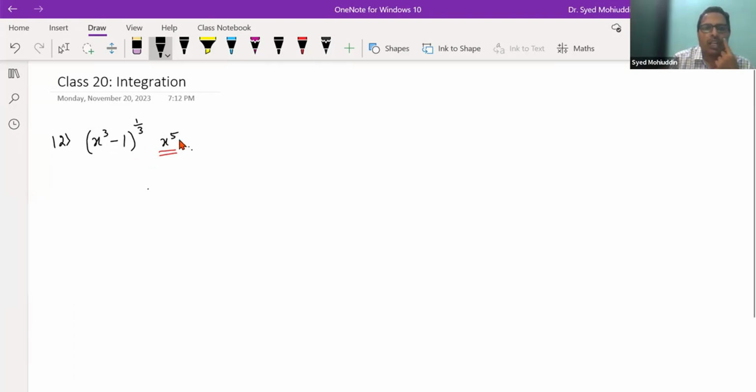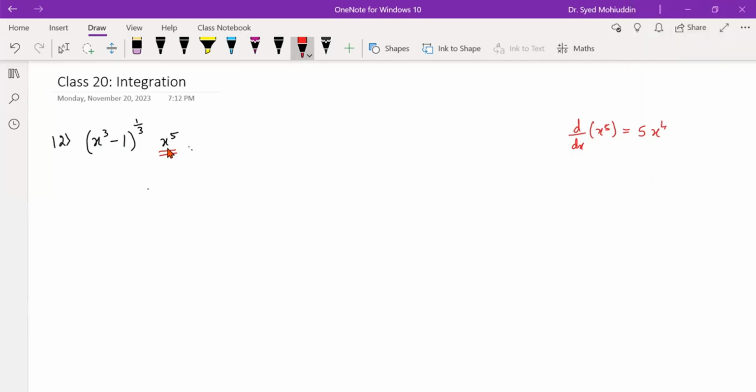Suppose I take x power of 5 and differentiate it, d by dx of x power of 5 gives 5x power of 4. This x power of 4 is not present here, so I cannot take x power of 5 to be equal to t.